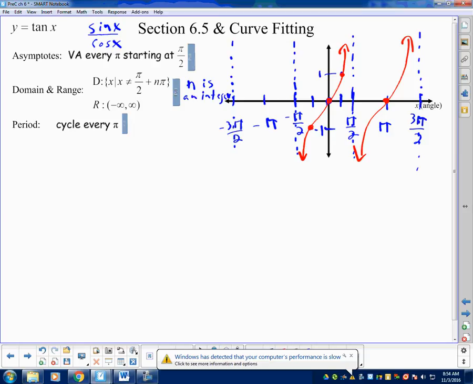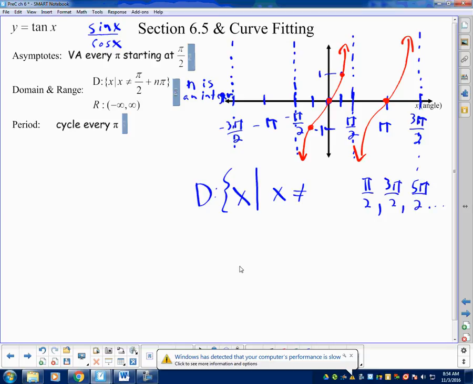Some students, it's just too hard to think of all the algebraic expressions. So I will also accept pattern-based listing of the values that x cannot be. What I mean by that is you would say x, the domain, is the set of all x such that x cannot be equal to, you might put pi over 2 in the middle here, and then you might go, okay, and also 3 pi over 2, and 5 pi over 2, and then do a dot, dot, dot.